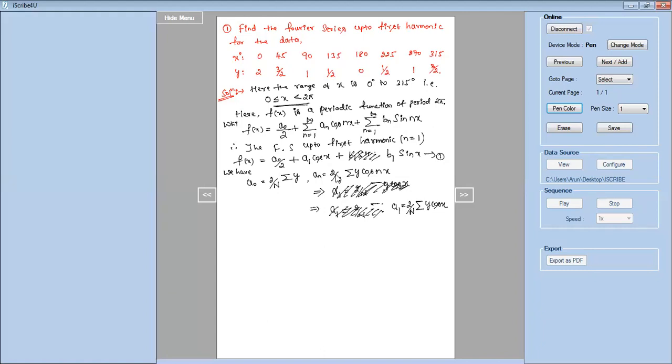When n is 1, it is 2 by N summation y into cos 1 into x, cos x. So this is the formula for a1.